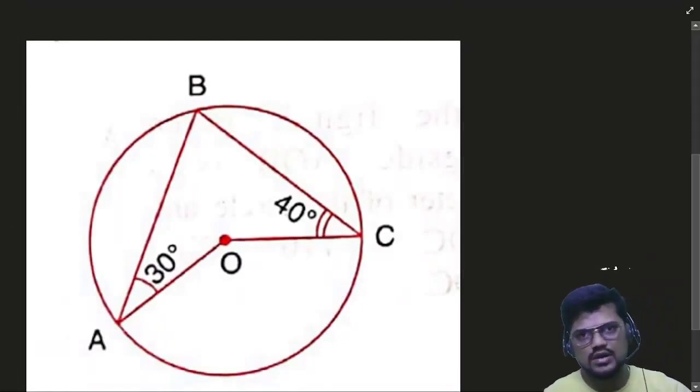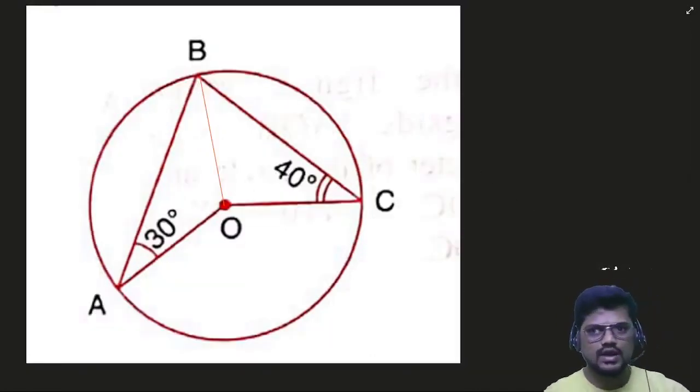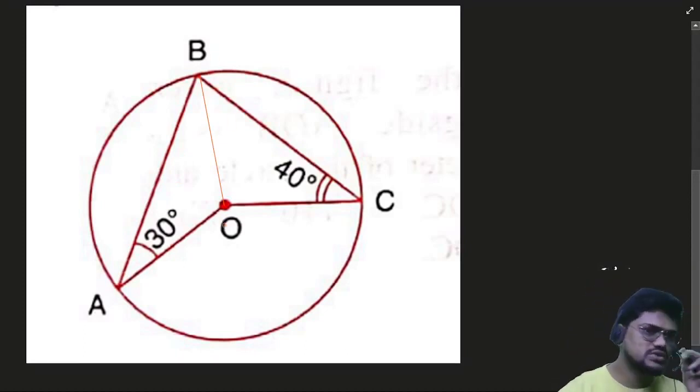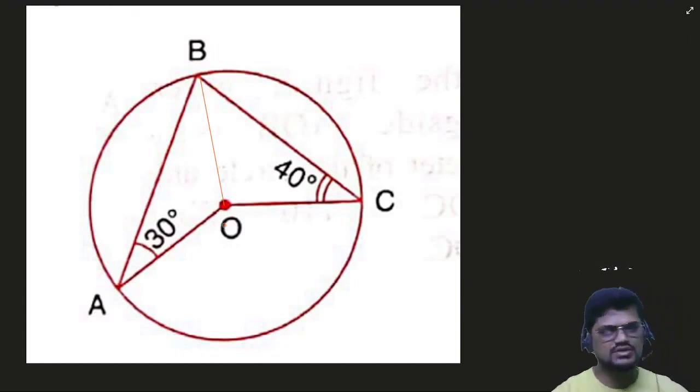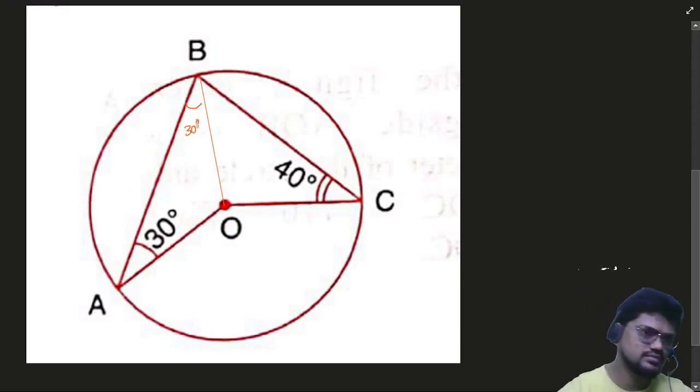If I draw a line over here, what I know, AO equals OB. So triangle AOB is an isosceles triangle, and once it's an isosceles triangle, this angle will also be 30 degrees.